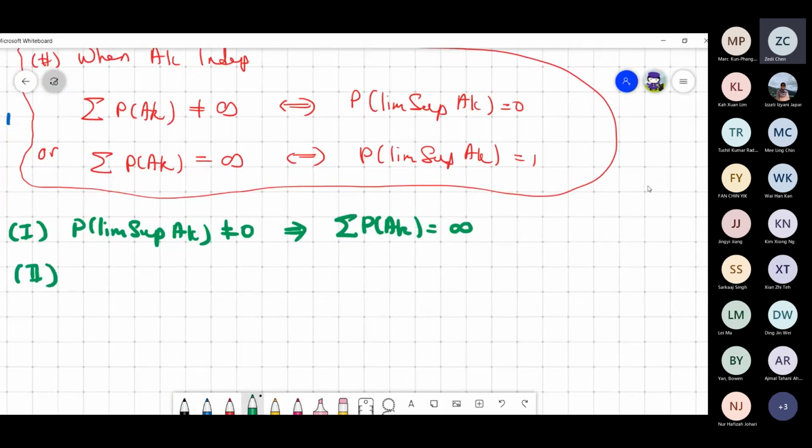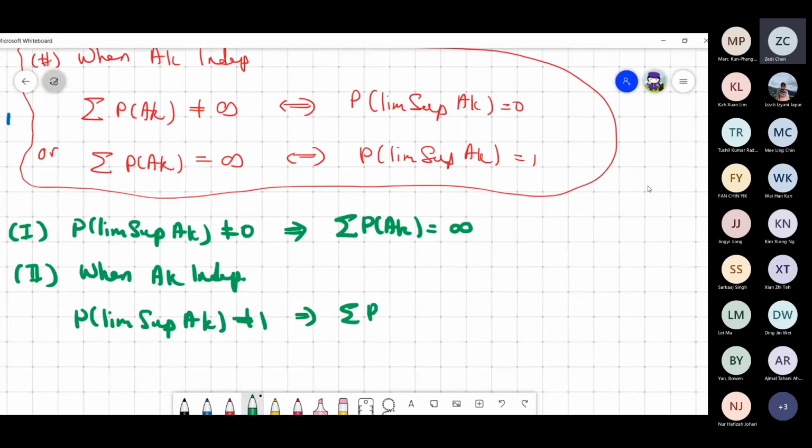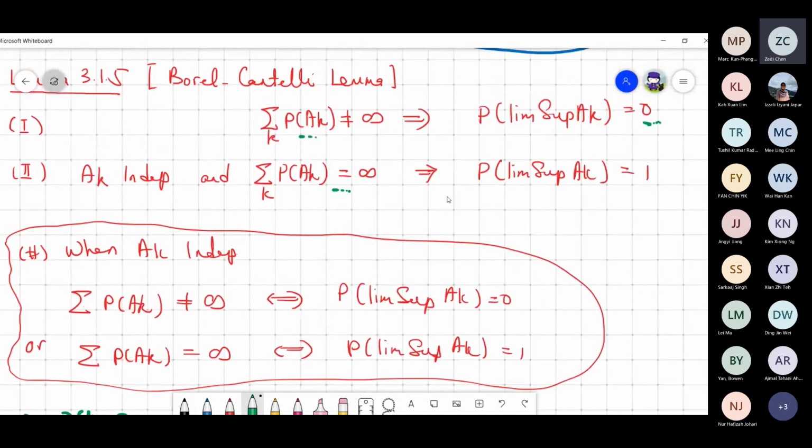For the second one, if we assume AK is independent, then P lim sub AK not equals to 1 would imply the series will be not infinity. All right, so just like this.